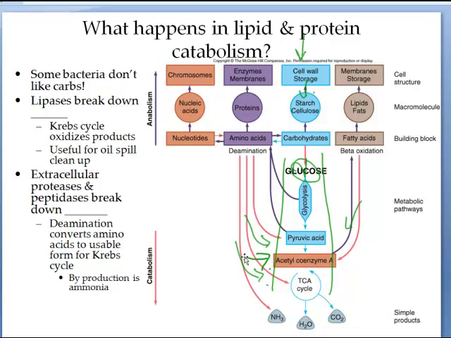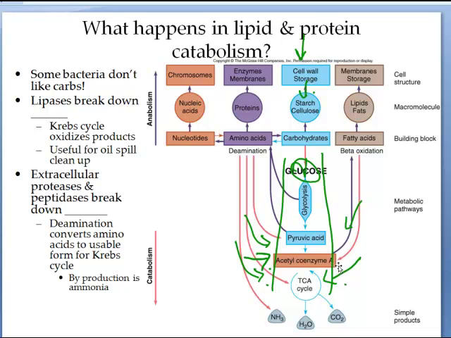The key event in aerobic respiration is that electrons are picked up from intermediates of glycolysis and the Krebs cycle by molecules that are NAD and FAD, and these are then converted to NADH and FADH2, and these are taken to the electron transport chain, where most of the ATP is generated.